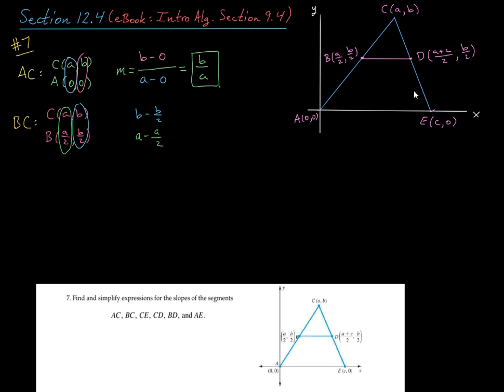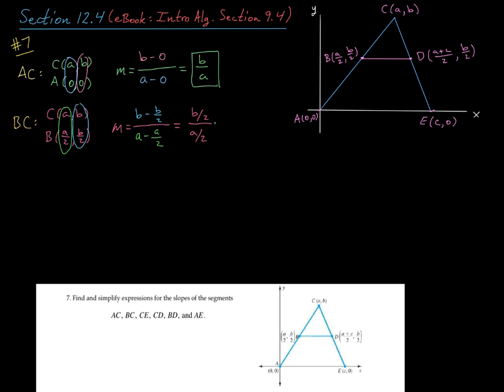Then I take the ratio of those. To simplify, notice I have b minus b over 2. That's taking a full b and subtracting half a b, which leaves just half a b. Likewise downstairs, a minus a over 2 leaves just half of a.